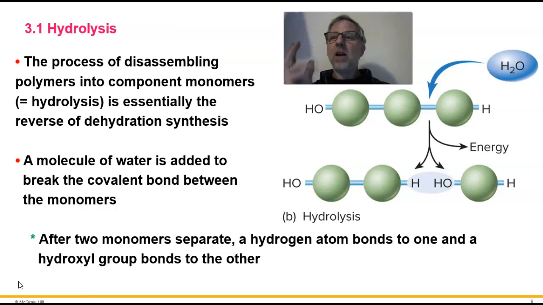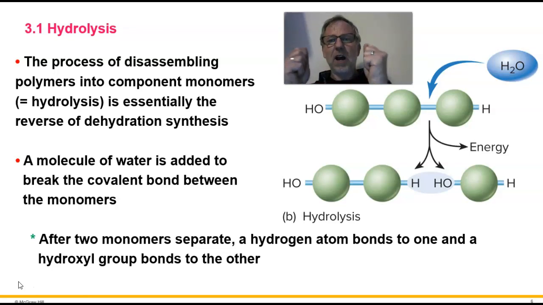Step 2, that water molecule is split into a hydroxyl and a hydrogen. And then step 3, in this reverse process, the hydroxyl attaches to one of the monomers and the hydrogen attaches to the other. And boom, finished. The polymer has successfully been split into smaller parts.